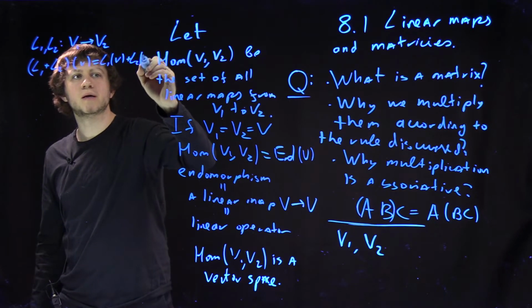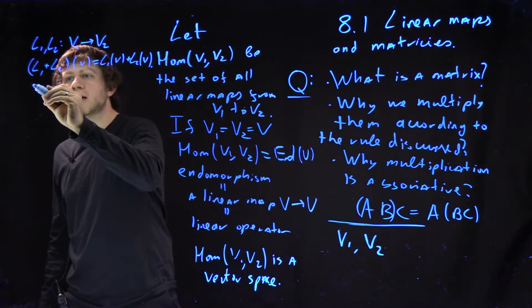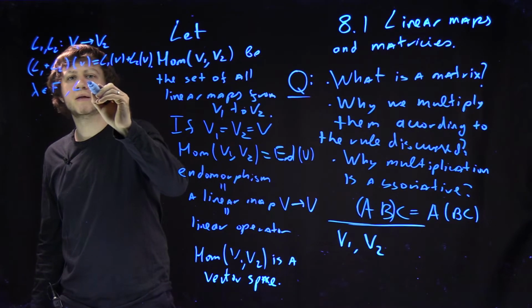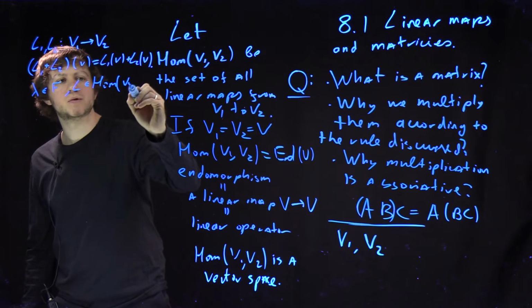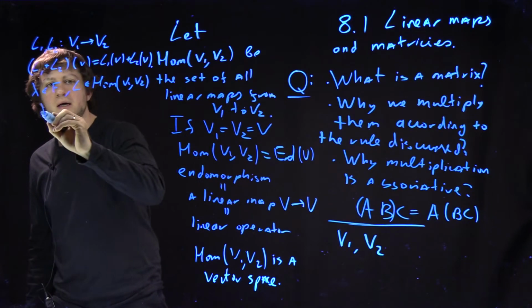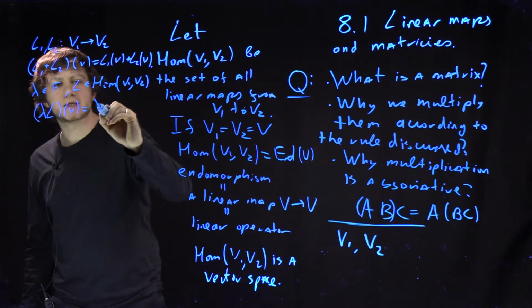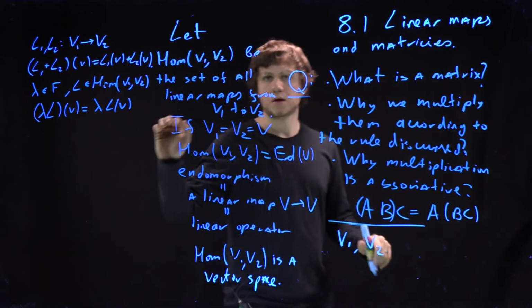So that's completely clear. And also, if you have any lambda in F and L is a map inside this Hom(V1, V2), then lambda L of v is just a map which first takes L of v and then rescales it by lambda. That's also a linear map.